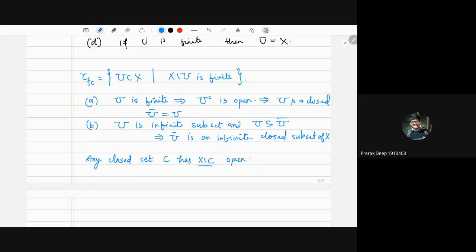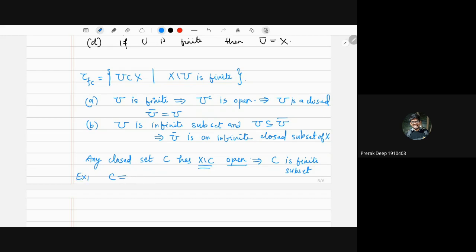So what are the open sets? Open sets in this finite complement topology are those whose complement is finite. So this implies that C is a finite set. So any closed set in this finite complement topology is a finite subset, except that C is X or empty.